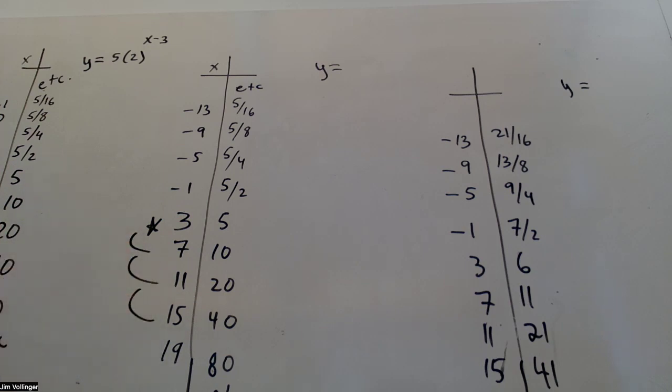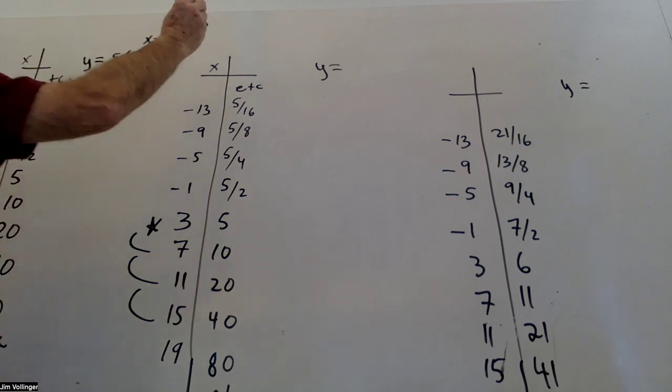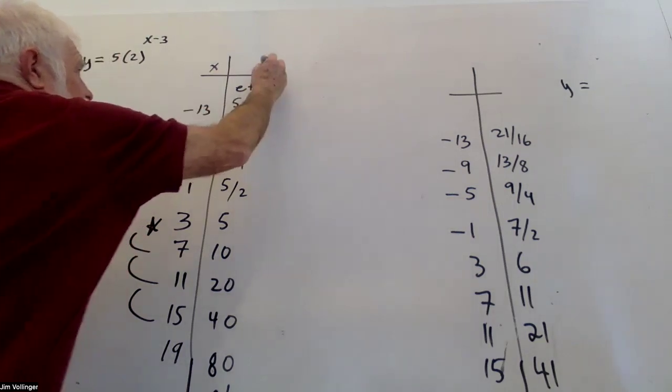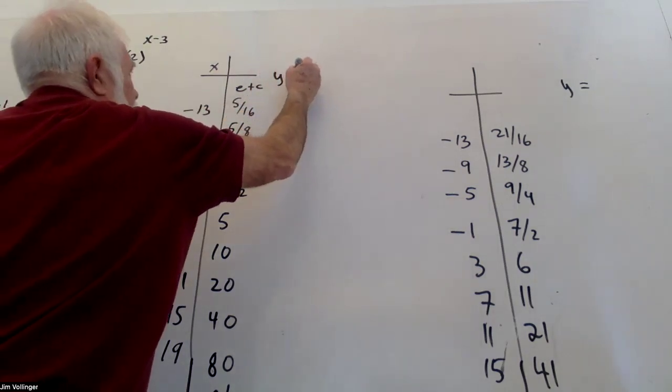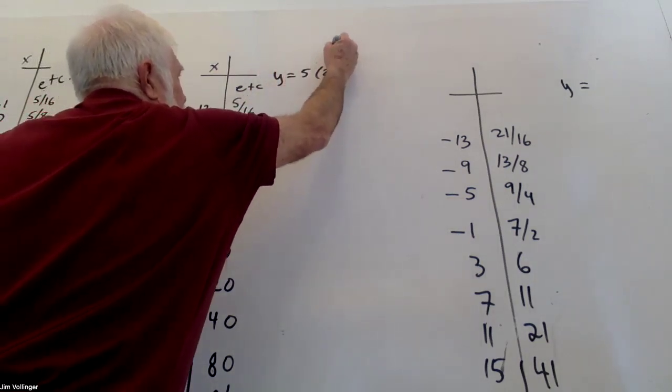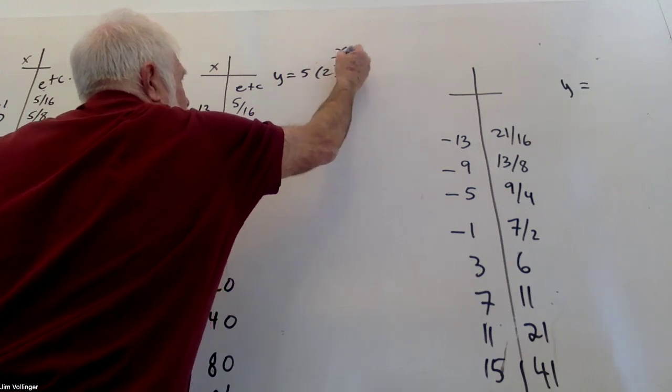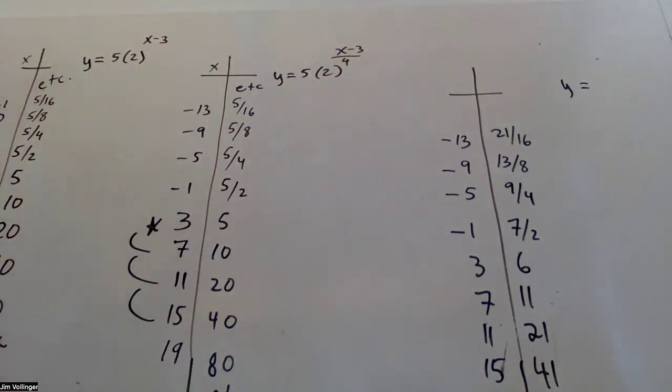Oh, I've got to get multiples of 4 to act like jumps of 1. So if I put a 7 in, 7 minus 3 is 4. And I don't want that. I want that 4 to act like a change of 1. If you said y equals 5 times 2 to the x minus 3 over 4, you'd have been right.